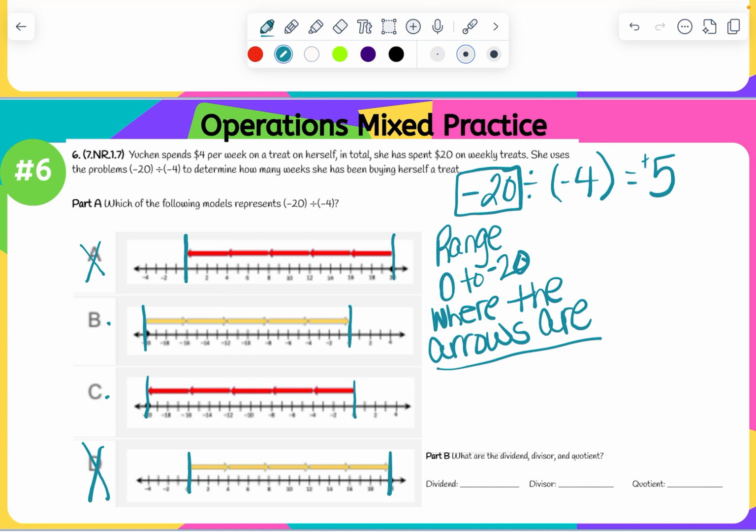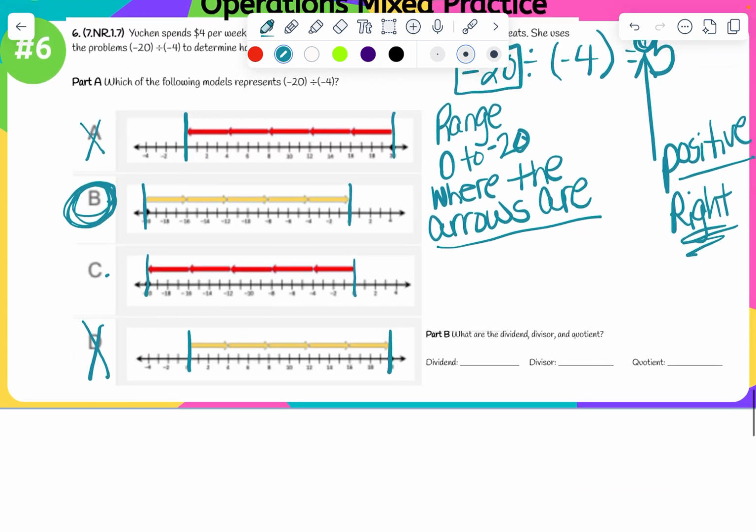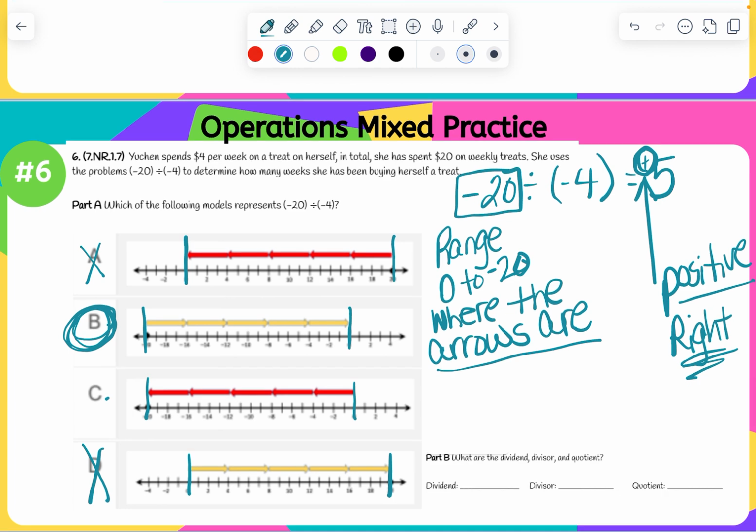Now I need to know the direction of the arrows and the sign that is on your answer. The sign of your answer tells you the direction of your arrows. So the sign of my answer is positive, meaning that my arrows have to point right, which makes B the answer.